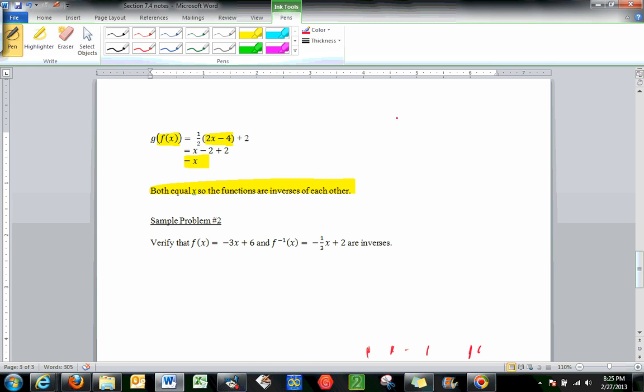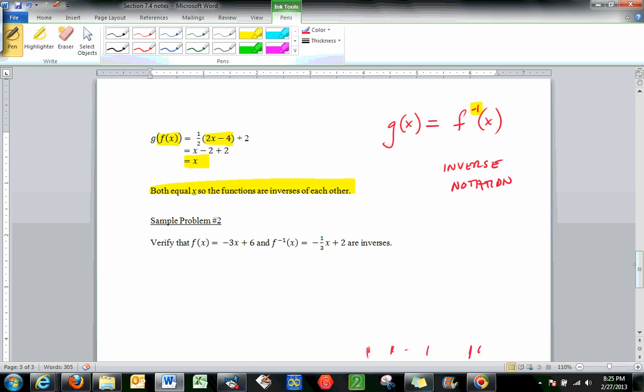So if they're inverses of each other, g of x could also be written as f to the negative 1 of x, which is the inverse notation. If we want to represent an inverse, we do so with the f of negative 1 notation.